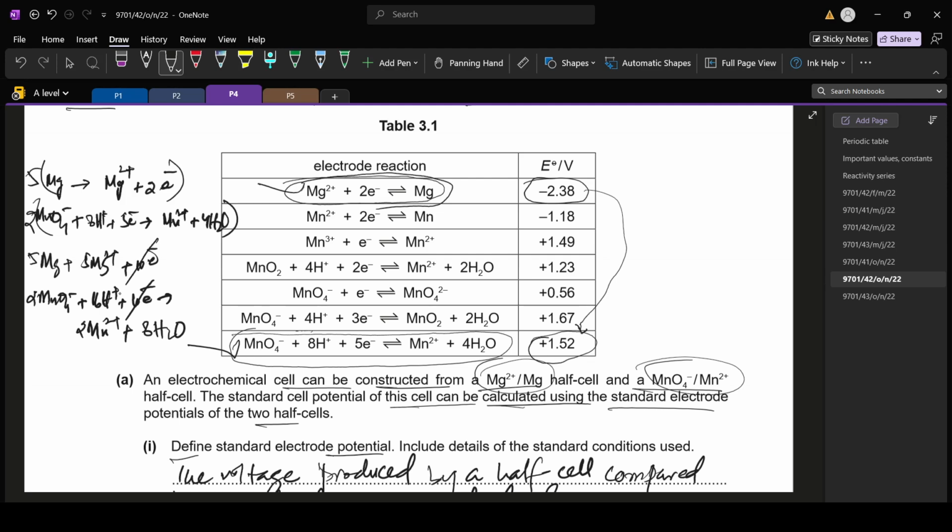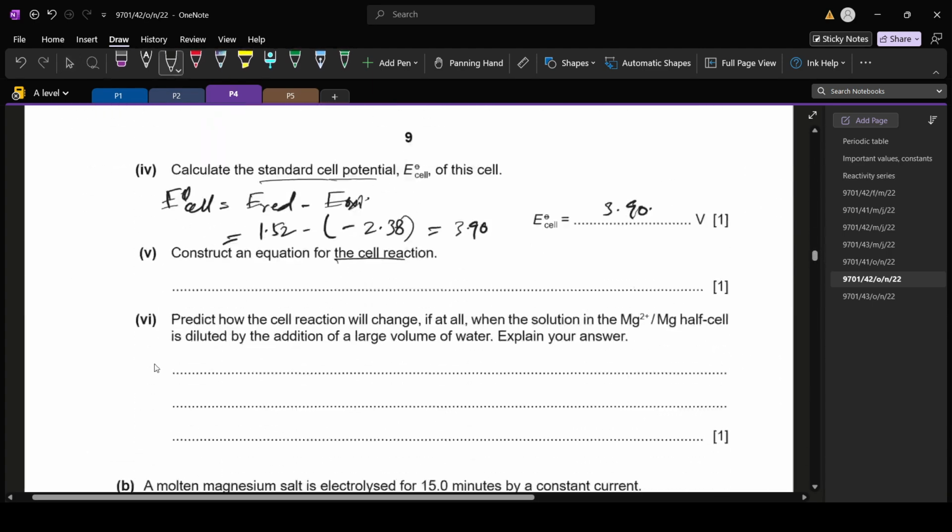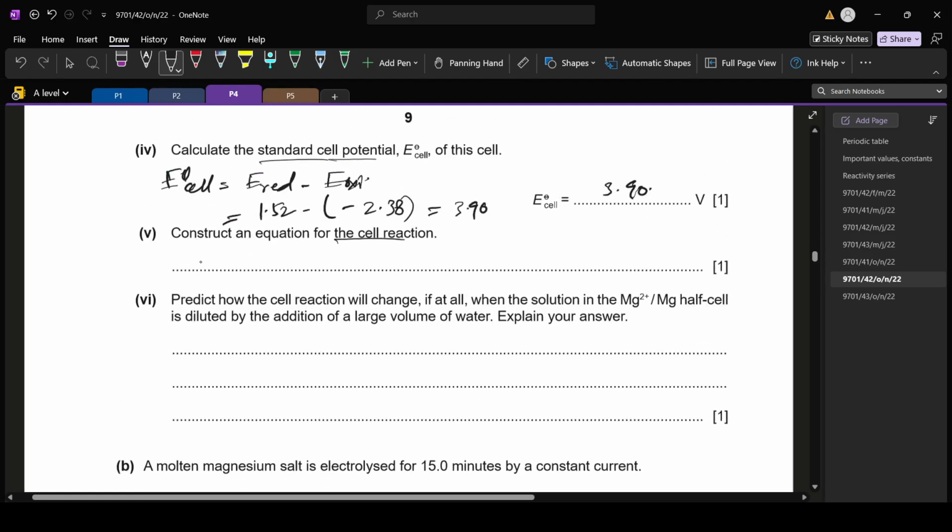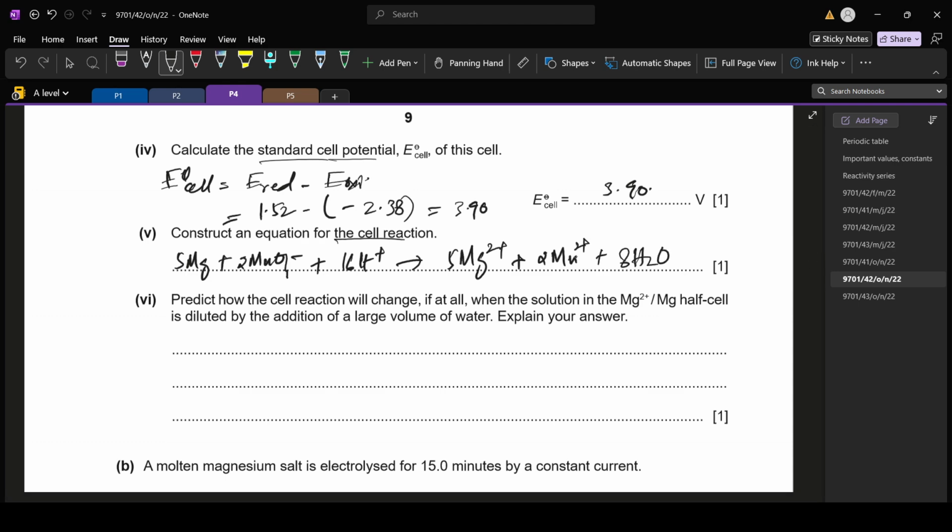The electrons will cancel out, and the final equation is 5 Mg plus 2 MnO4 minus plus 16H plus ions forms 5 Mg2 plus, 2 Mn2 plus and 8 moles of water. So this is your equation for this reaction.